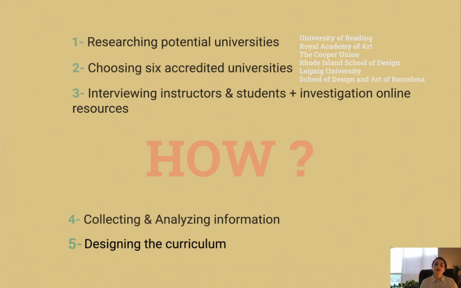After creating that long list, I picked 6 international universities: University of Reading in England, Royal Academy of Art in Netherlands, the Cooper Union and Rhode Island School of Design in the United States, Leipzig University in Germany, and School of Design and Art of Barcelona in Spain.